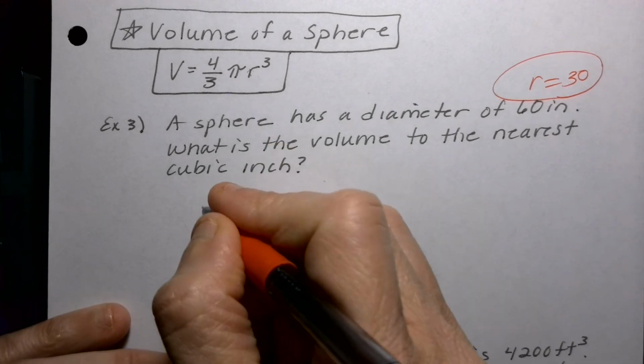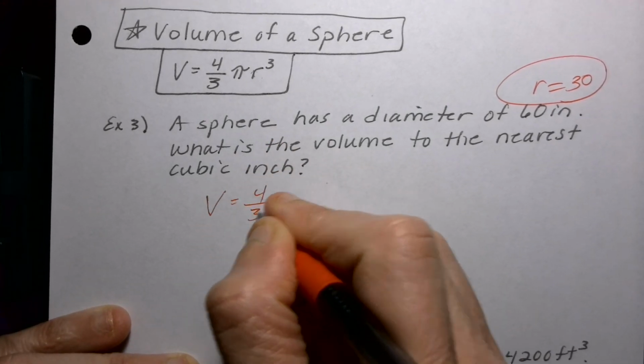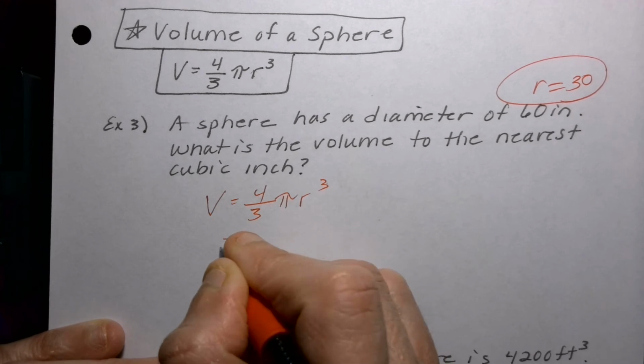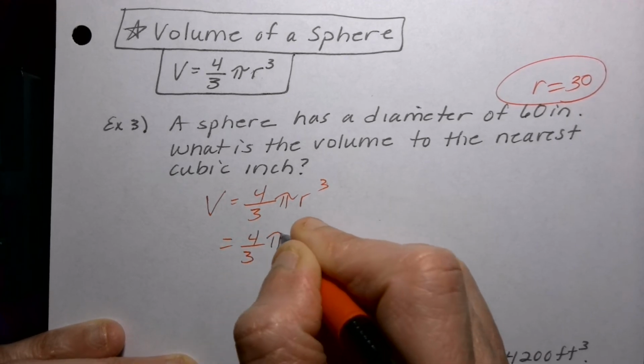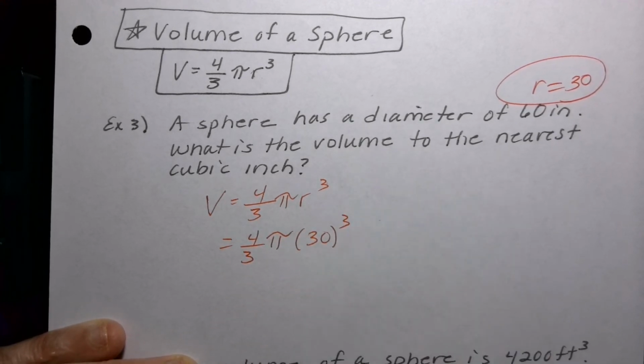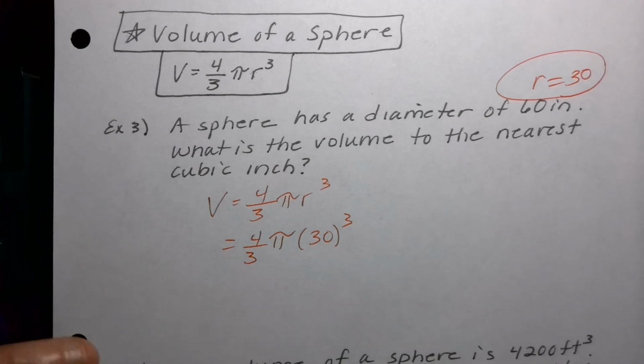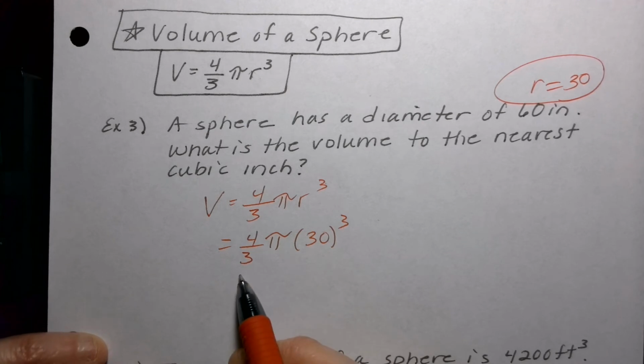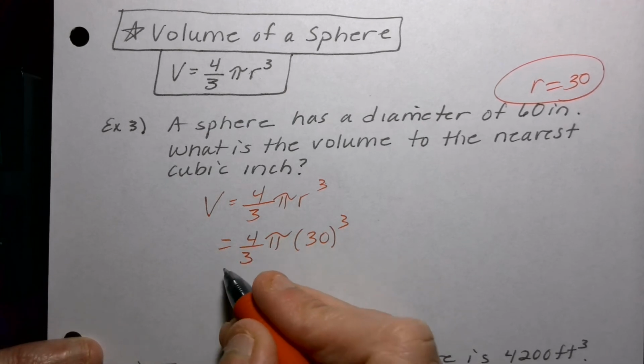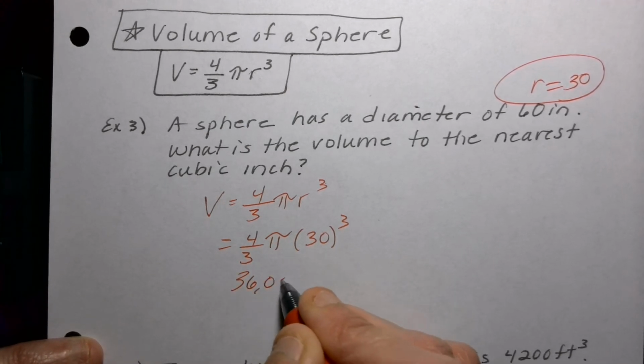What's the volume to the nearest? Plug it in. And let's see, what are we going to get? When we take 30 cubed times 4 divided by 3, you should get 36,000 pi.